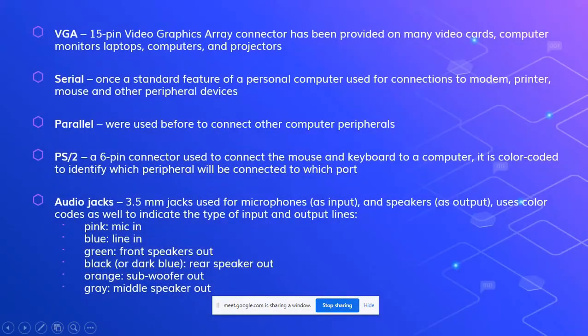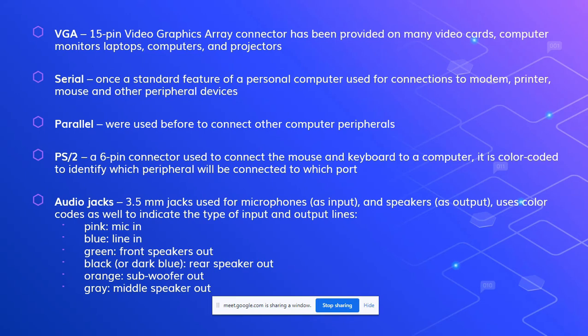I'm sorry. So, we have audio jacks now. Dati, color-coded yung audio jacks natin. There are certain types of jacks na dapat ikabit ka lang sa computer. For example, yung green jack, kailangan ikakabit mo lang siya sa speaker out.